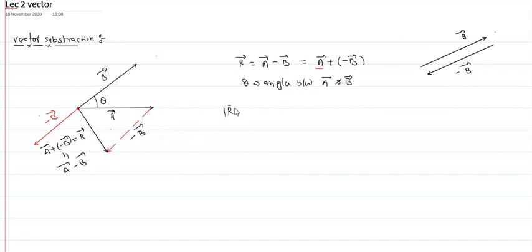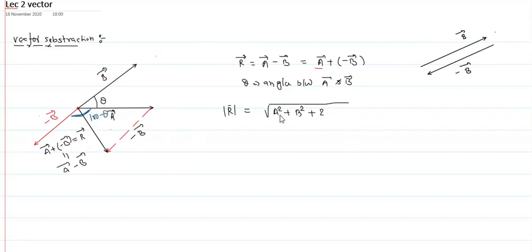So you have to do it like this: A square plus B square plus 2AB cos of the angle. Now I add this A vector with the minus B vector, so what is the angle between A vector and minus B vector? This angle is theta, so this is not phi, it is 180 degree minus theta.